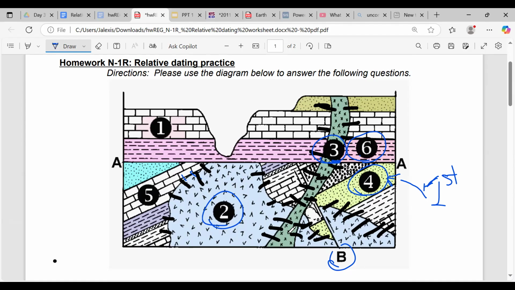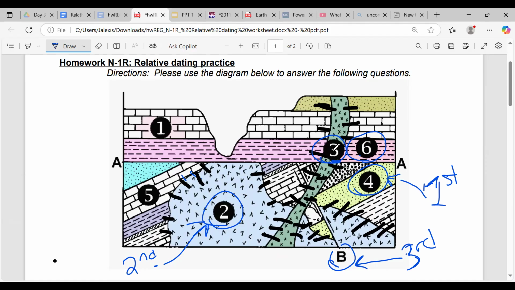So that means that intrusion 2 has to be second on the list because it got affected by the fault, right? 3 didn't get affected, 6 didn't get affected, and 4 did get affected, but that's why we labeled that as first. And so B will end up being the third thing, because the fault did not affect intrusion 3 and rock layer 6.